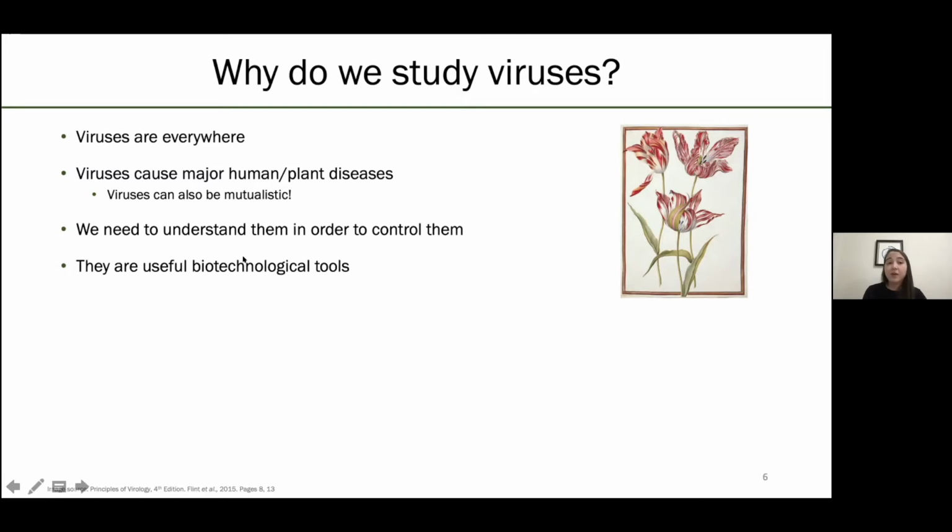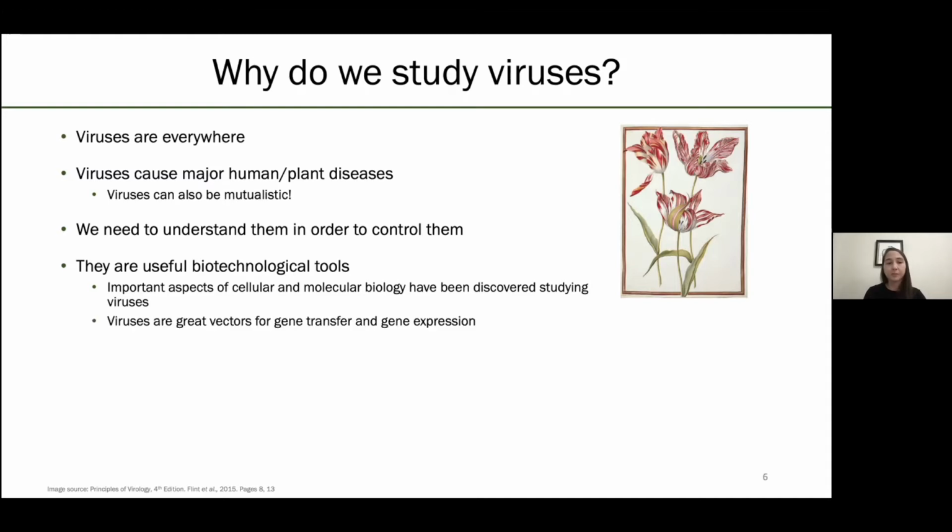Viruses are very, very useful biotechnological tools. Since they mimic the processes of cells, we have used viruses to discover many important aspects of cellular and molecular biology. Viruses are also great vectors for gene transfer and gene expression, because they transmit their genetic material to the cell.